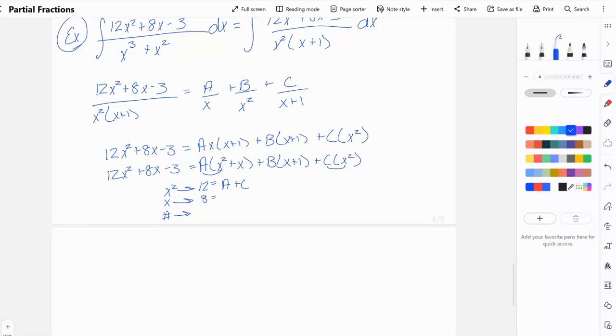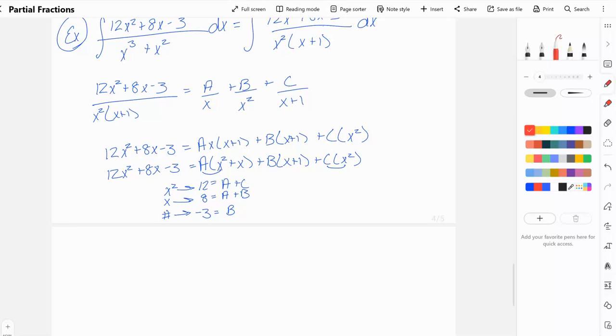On the right, if we were to multiply through, I would have an a plus b. On the left, I have a negative 3 as just the number. On the right, I would have just b as the number. So right off the bat, I know b is negative 3.